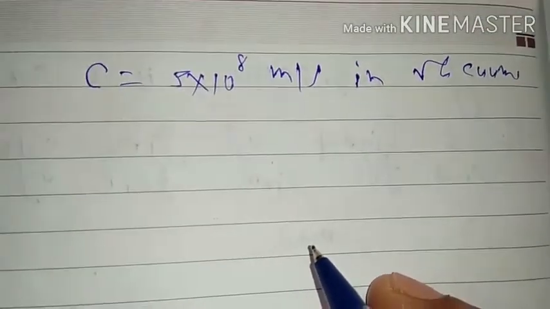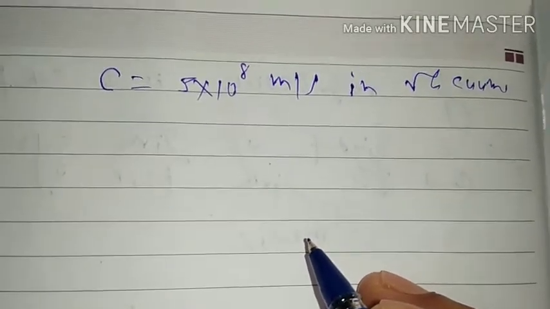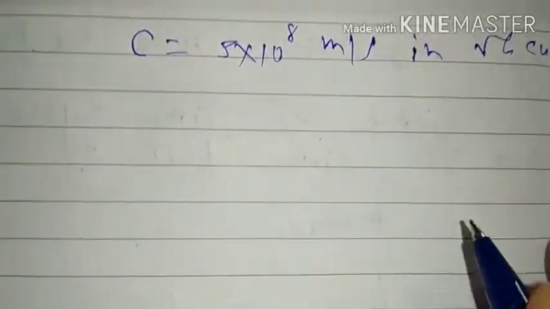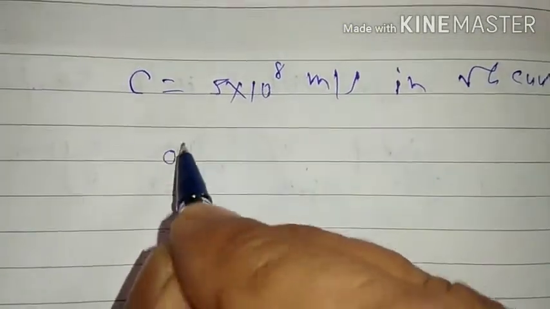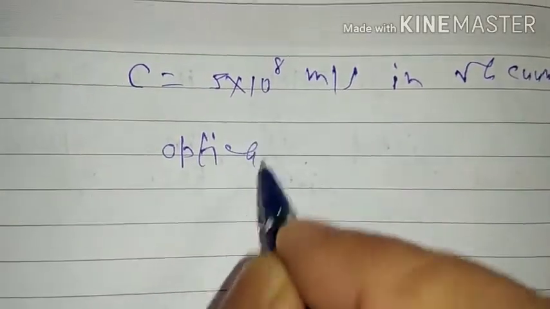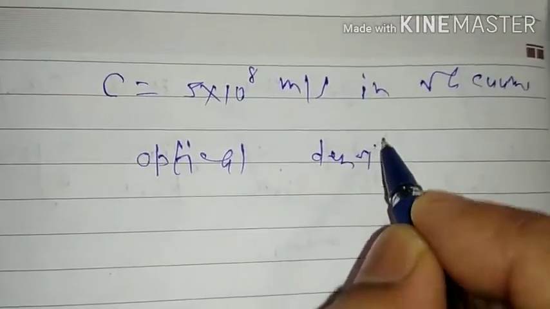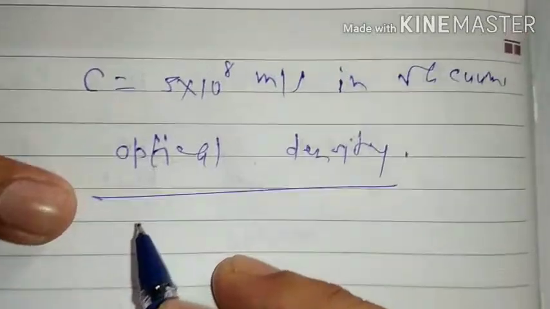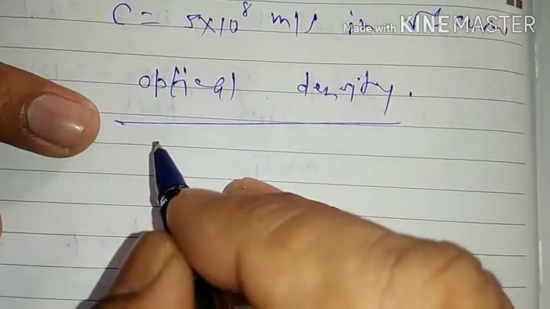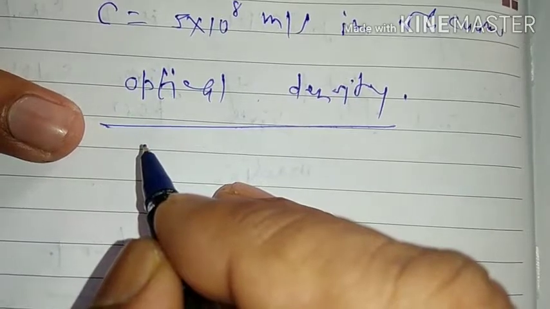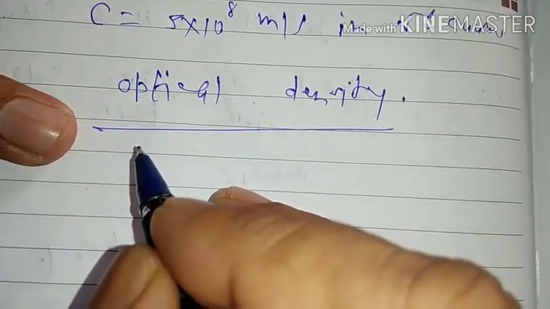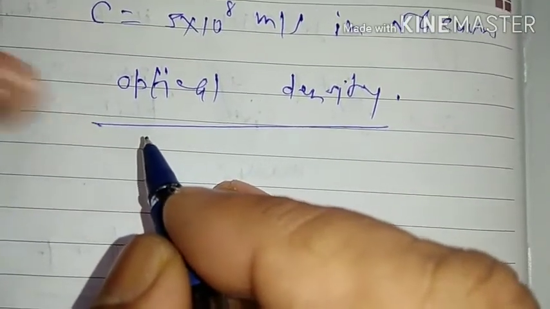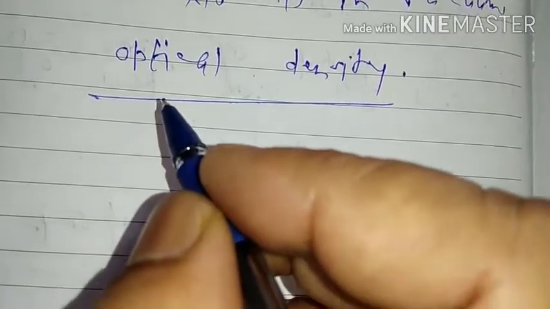And I have also said that if rays of light travel from one transparent medium to another, then due to the change in optical density, the speed of light changes. Always I am using the term optical density. The word optical comes from optics. The study of light is also called optics. So optical density, we have seen rarer medium and denser medium. If any medium is rarer, the optical density of that medium is less.